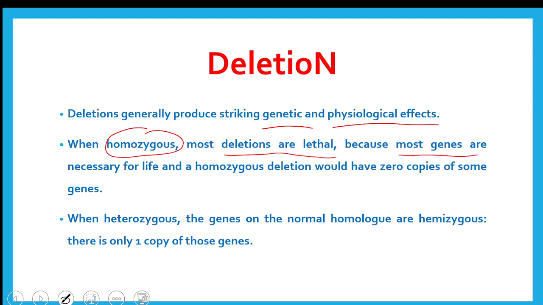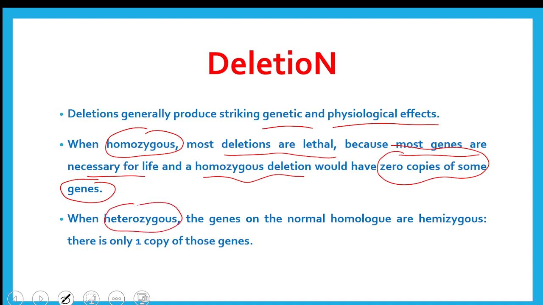Why? Because most genes are necessary for life, and a homozygous deletion would have 0 copies of some genes. Thus it becomes lethal. When heterozygous, that means a deletion heterozygote, the genes on the normal homologue are hemizygous.